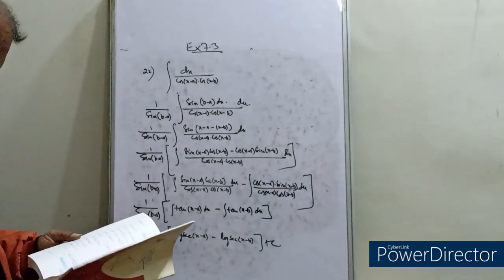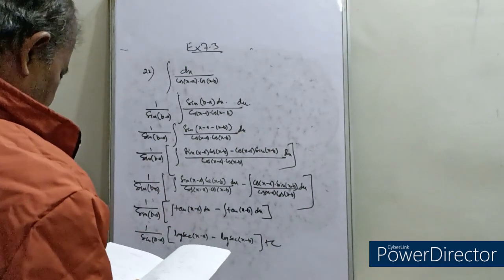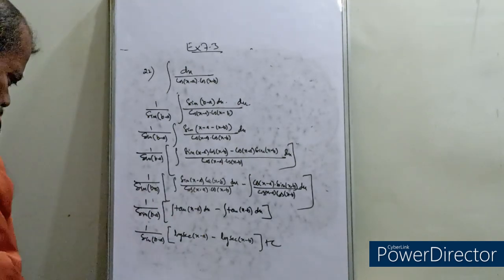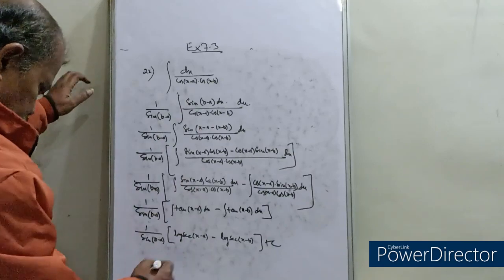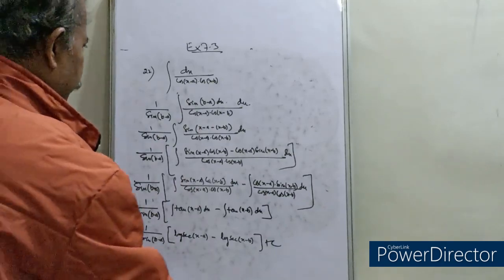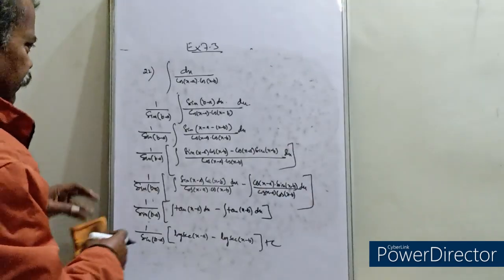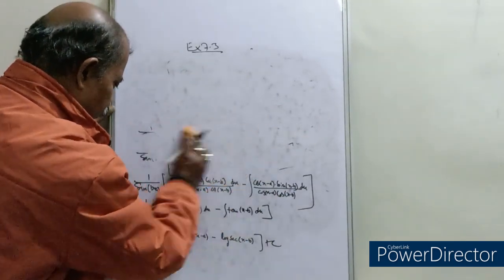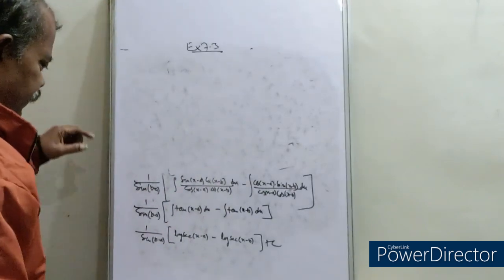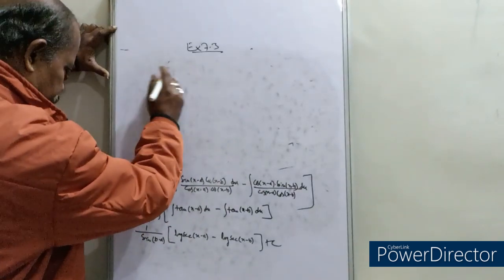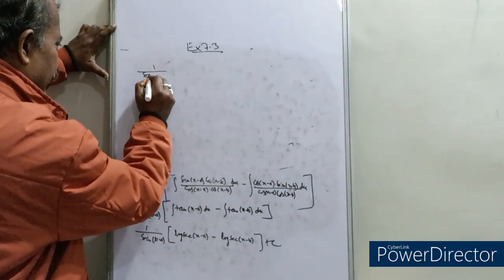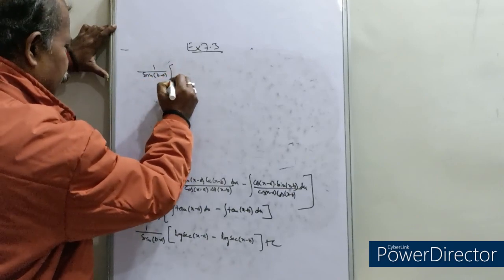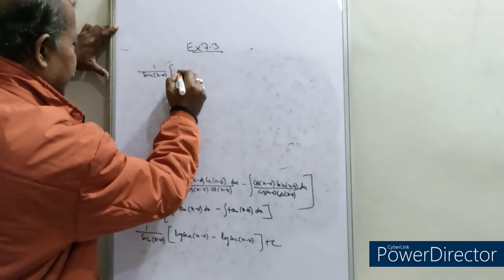Let me see the answer of question 7 in exercise 7.3. Here I can arrange this answer in the form which is given in your book. So this is 1 by sine(b minus a), log m minus log n.